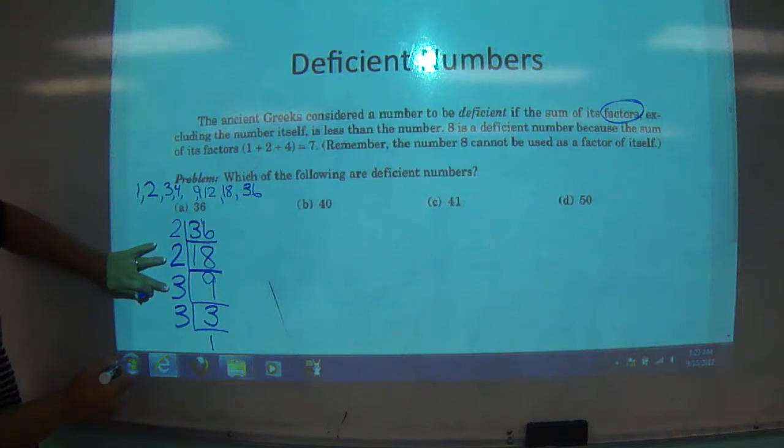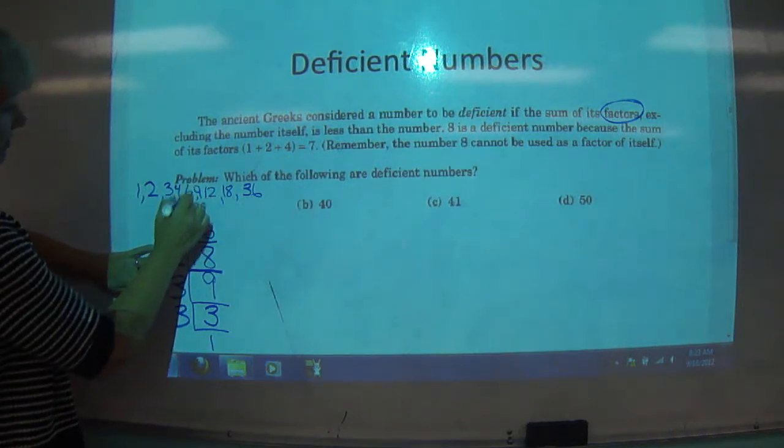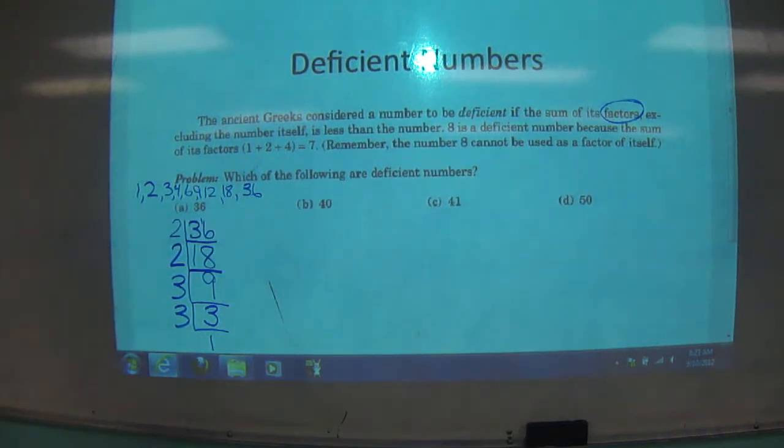Is 6 a factor? Yes, it goes in 6 times, and you've found all the factors. You see how you use the prime factors, and there's the other side of it. Okay? So that's how you factor.